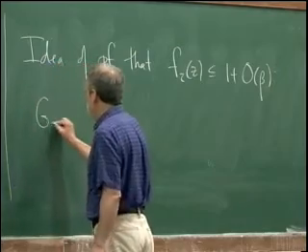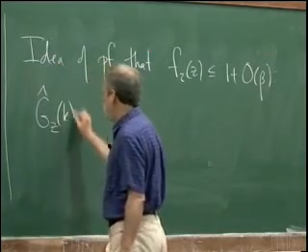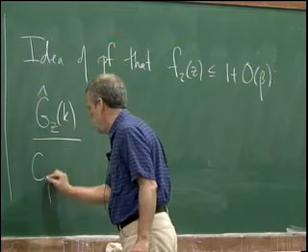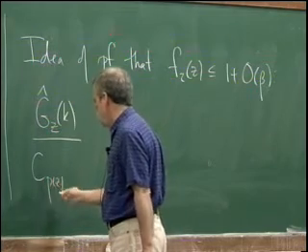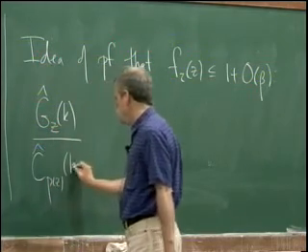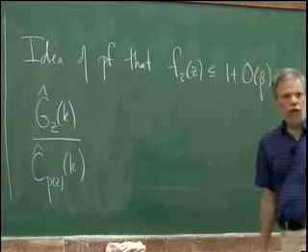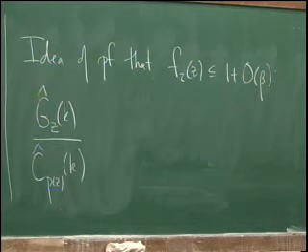So I need to look at the ratio of g hat of k at z and c at this partner value p of z hat of k. I need to show that the absolute value of that ratio is less than this number a, which is a little bit bigger than 1, as close to 1 as we want by choosing beta sufficiently small, under the hypothesis that it's less than 4.